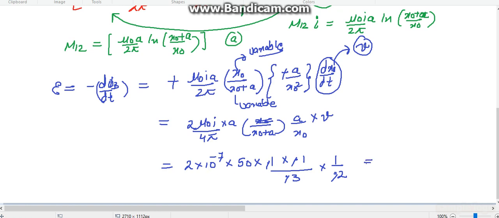We get the result as 100 into 10 to the power minus 7 divided by 6 into 10 into 10, velocity being 10. So we get 10 upon 6, which is about 1.67, and this becomes 10 to the power minus 5, which is the EMF in volt. So this is the answer.